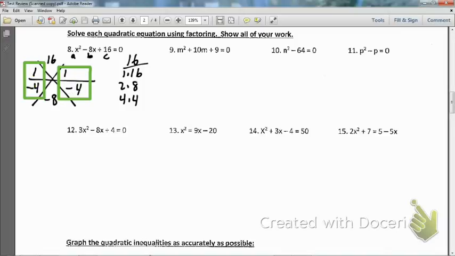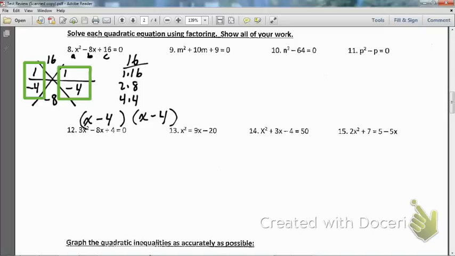So I'm going to write out my factors. 2 sets of parentheses. Top number is my number of x's. Bottom number is a constant that's added or subtracted. So 1x, I just write x minus 4, x minus 4, and that's it.